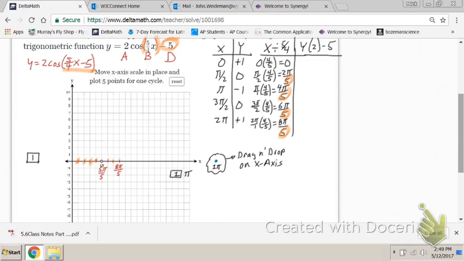That works, I would say, about 90% of the time. You may have a least common multiple; just pick a least common multiple that is an even number and drag and drop your 1 pi onto that number. About 90% of the time on this assignment, you're going to be good to go.